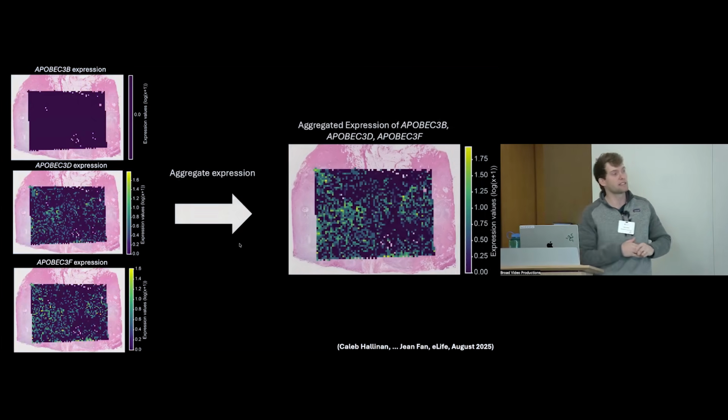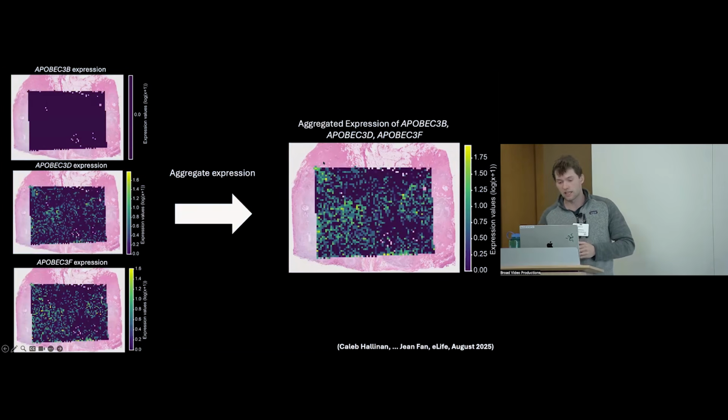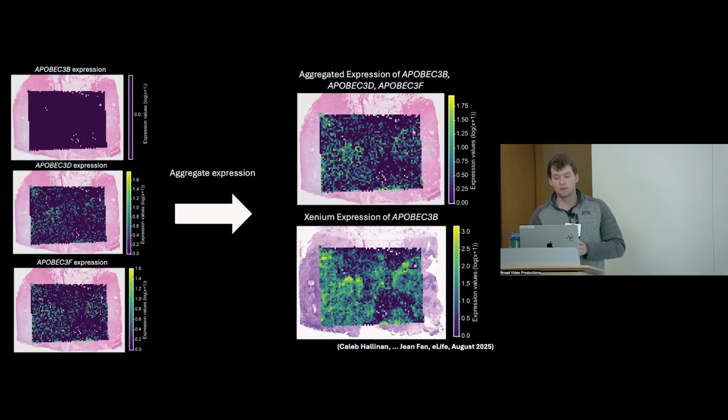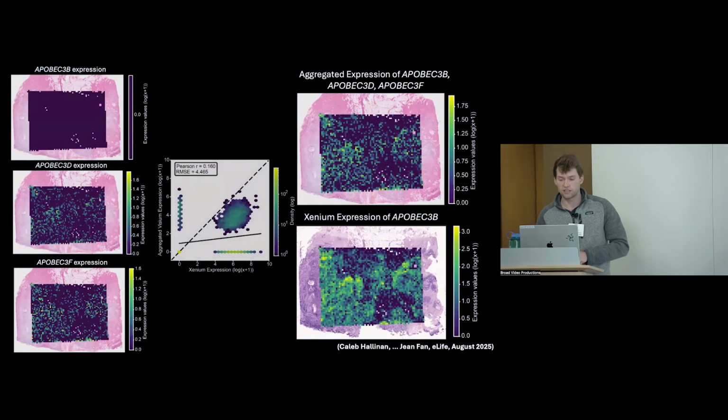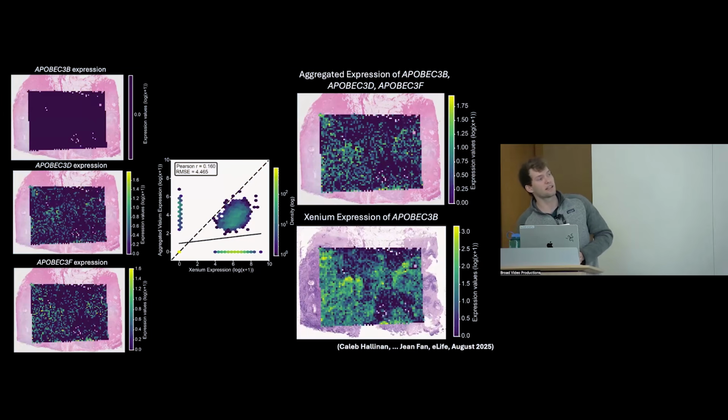So to correctly compare the Visium dataset to the Xenium, you need to aggregate the expression of these three genes. When we look at the aggregate expression in the Visium compared to the Xenium, it looks a lot more similar spatially to the Xenium expression of APOBEC3B. We can do a correlation analysis, and our correlation went from 0 to 0.18, and it has a lower RMSE. So this is one way that we evaluated if there were off-targets.